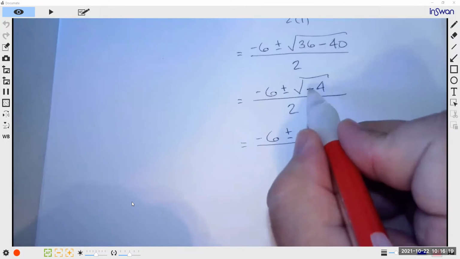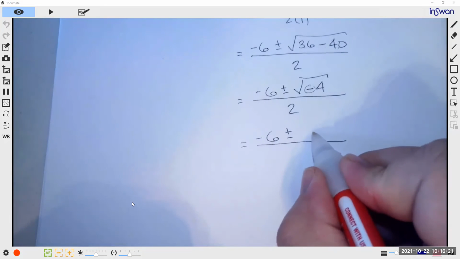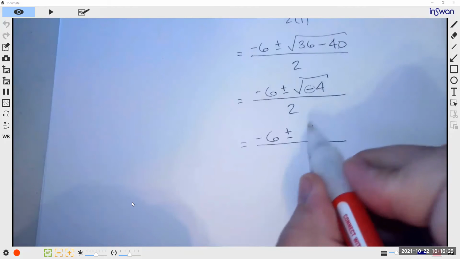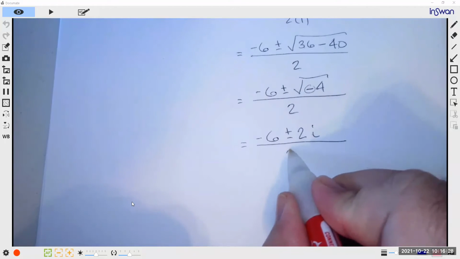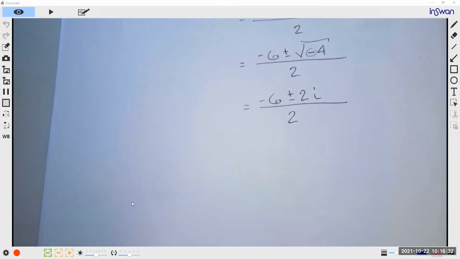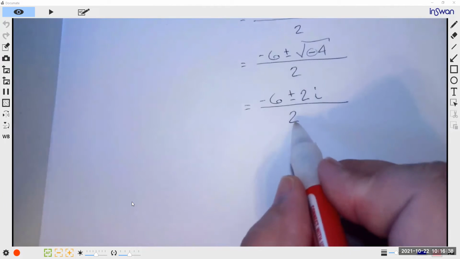Square root of negative 4. There's a negative in there, so it's an i. Square root of 4 is 2. Now, do this next part. You can only divide by 2.